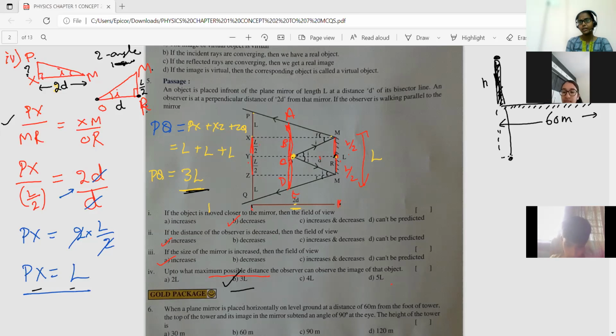When you see from here, imagine an eye: from the eye, this side and this side make an angle of 90 degrees.